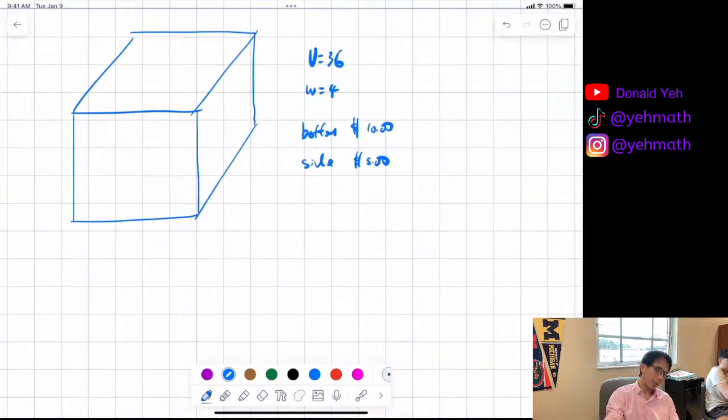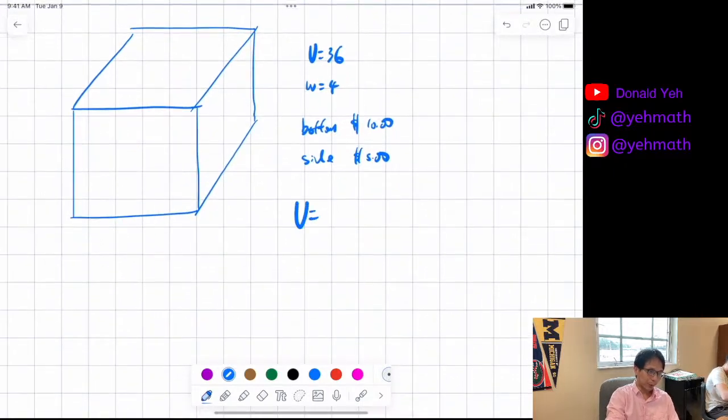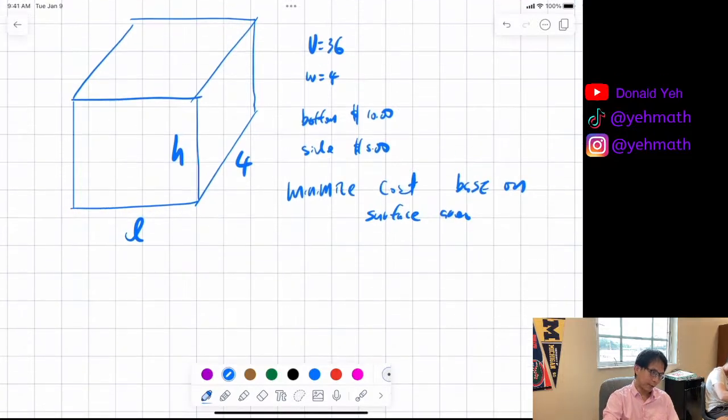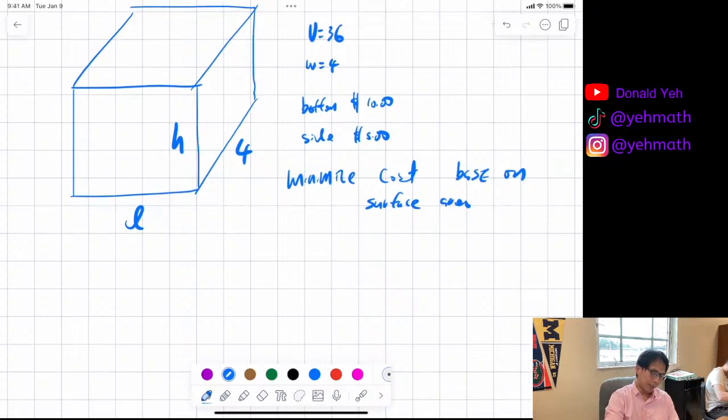Okay. All right. So, what is the volume equation? Well, the problem is we try to minimize the cost. And cost is based on surface area. So if this is 4, this is length, and this is height, let's start with surface area.